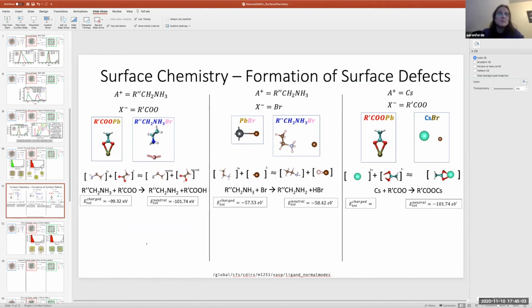Yeah, the reactants would be the ligands that are naturally on the surface. And then the products would be the protonated versions. I guess on the very left, when the ammonium donates its proton to the carboxylate, that would be the ending product.